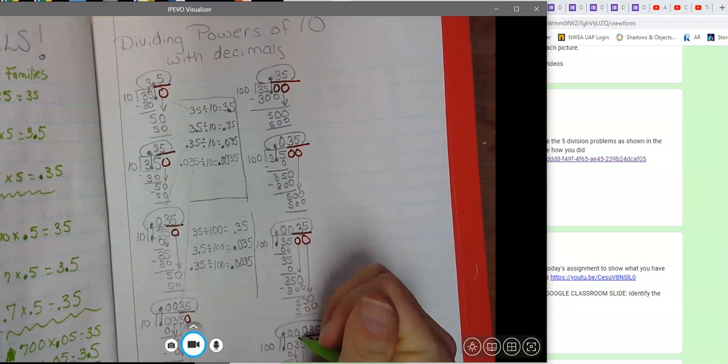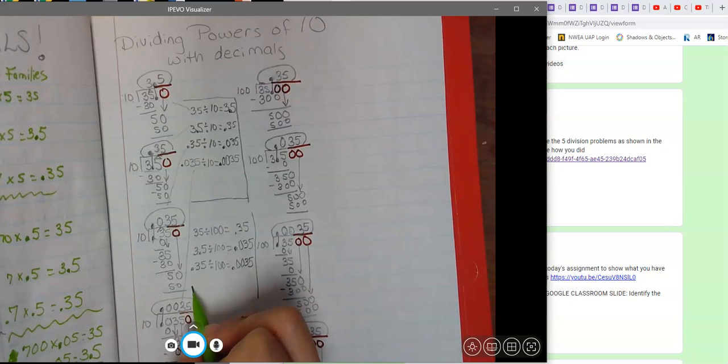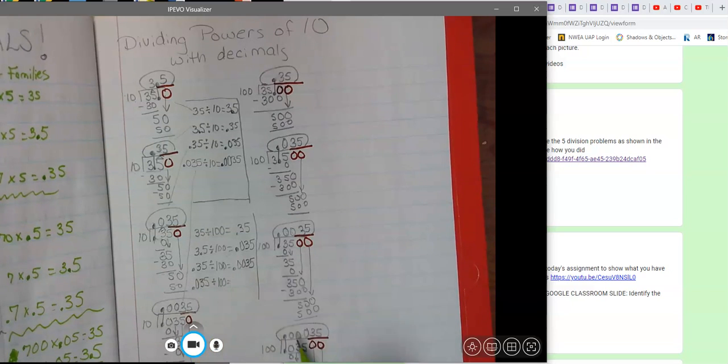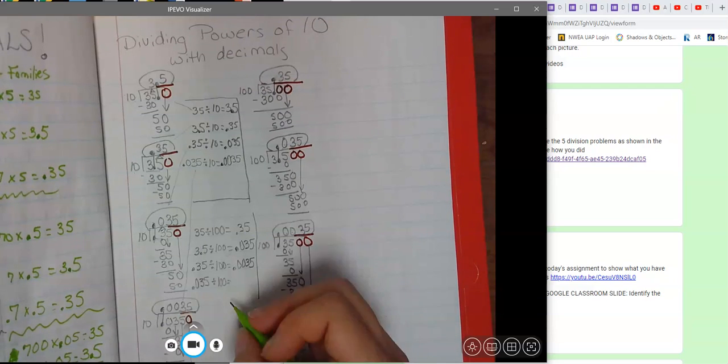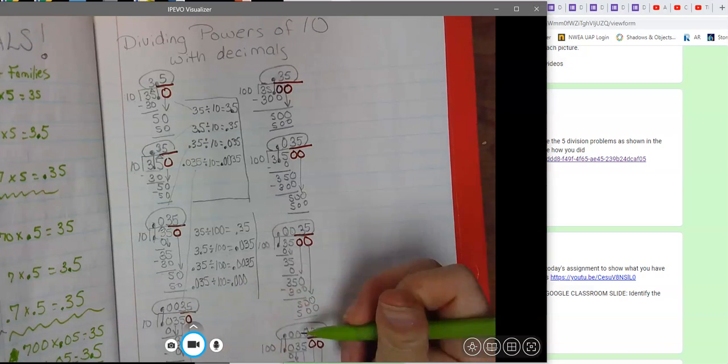This final problem was 35 thousandths in the first place, and we divided that into 100 groups, and we came out with no tenths, no hundredths, no thousandths, 3 ten-thousandths, and 5 hundred-thousandths. So this would be read as 35 hundred-thousandths. Not a large amount at all.